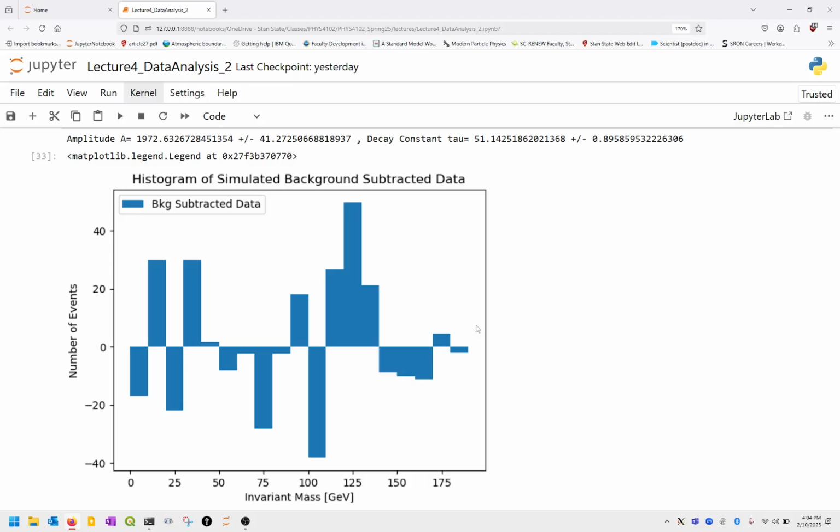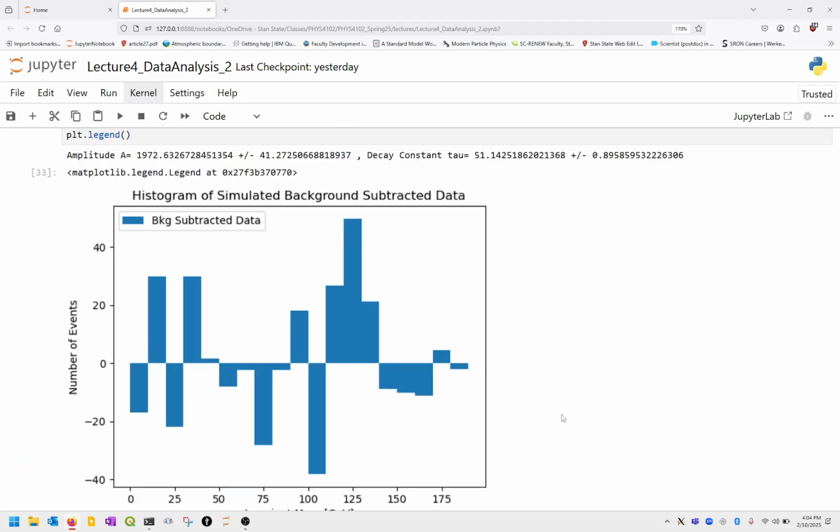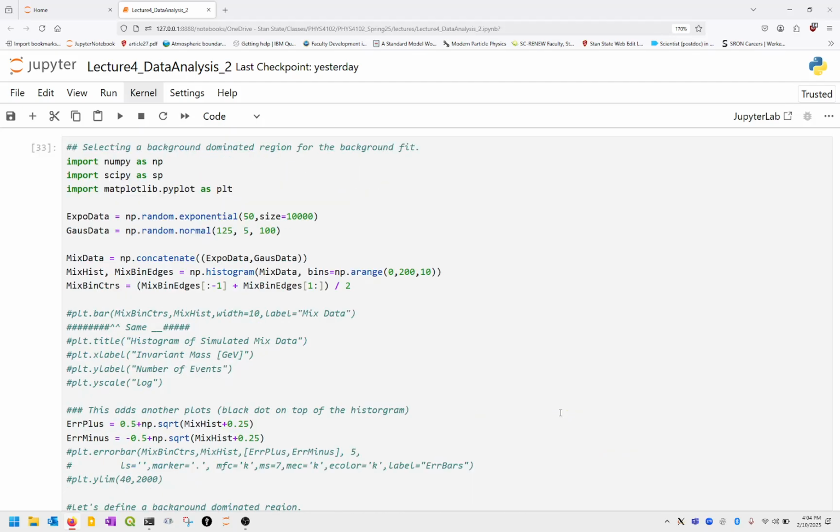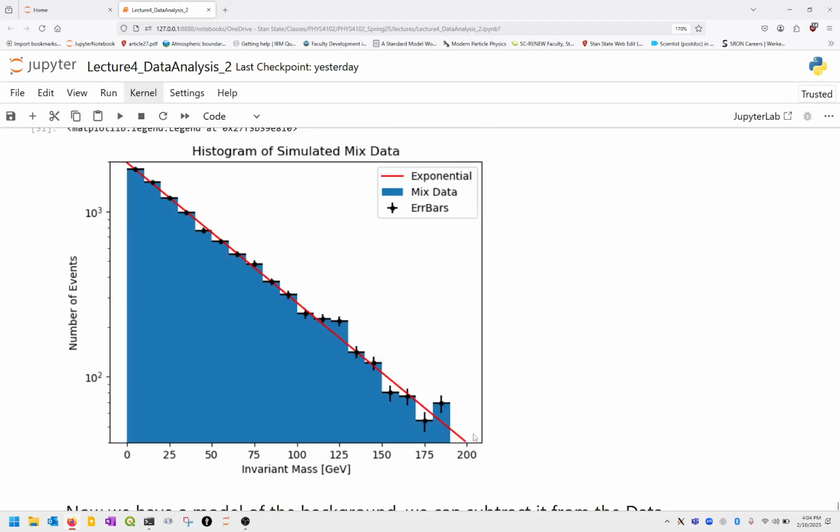You're going to see a bunch of fluctuations because there are so many events here. The fluctuation here is basically the square root of n in this particular bin, which is like 2,000. But when you get to your signal, you should see a peak where you expect the signal to be. Okay, so that's all I got today.